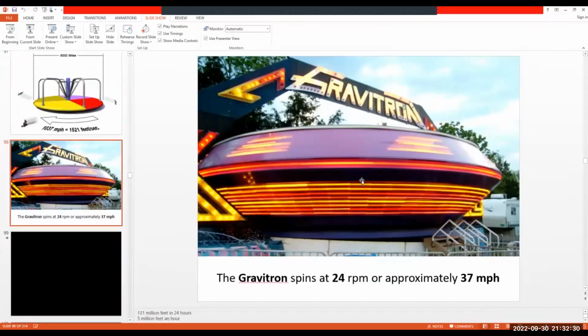Can you see this? Have you been on one of these? Yes. The gravitron is spinning at 37 miles an hour. You are being pinned to the inside wall of it. You could stand up on the inside wall of that.